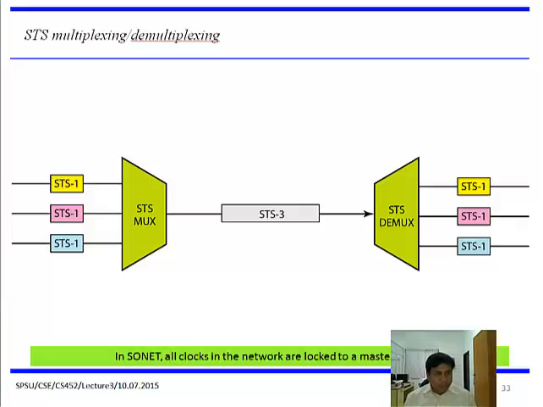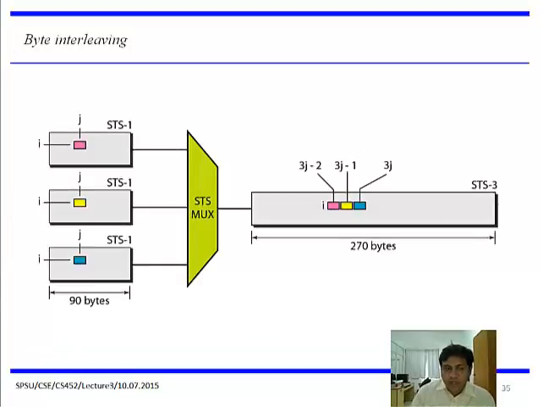So let's understand the concept of byte interleaving. In SONET multiplexing, we have the concept of byte interleaving. So what is byte interleaving? Basically, if you look at the architecture, this is called byte interleaving.